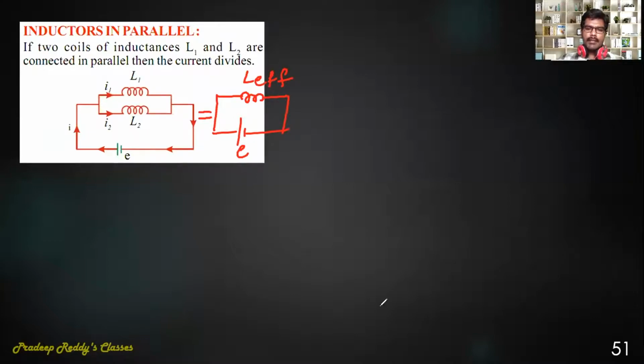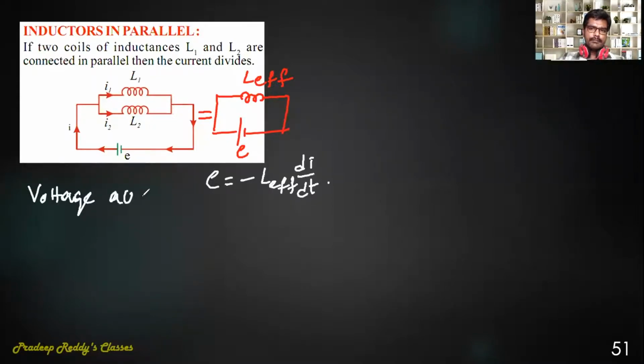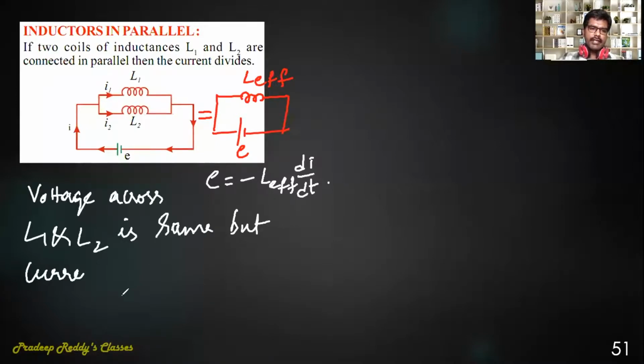From here you can write E is equal to minus L effective into di by dt, and that E is connected in parallel with L1 and L2. Therefore, the voltage across L1 and L2 is the same, but the current gets divided.